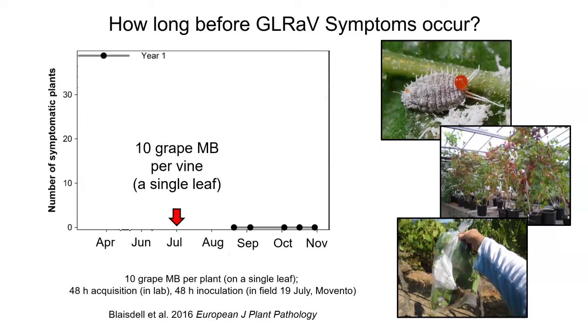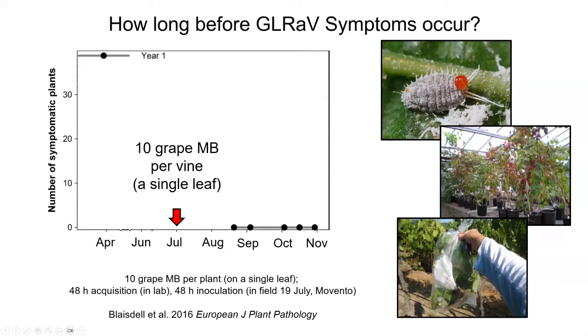Something we're always asked by growers is how quickly can I see it in the field? So what we did here is we took the grape mealybug and we put it, in the middle picture on the right, on infected vines in the glasshouse.